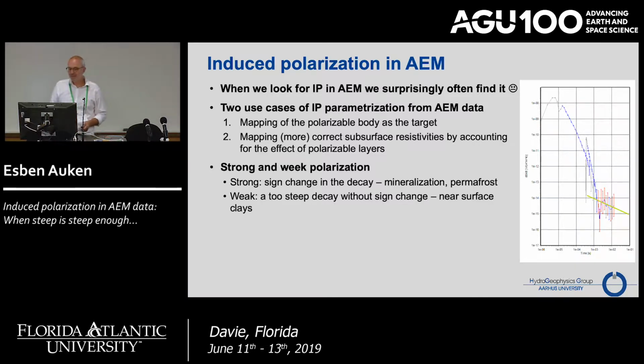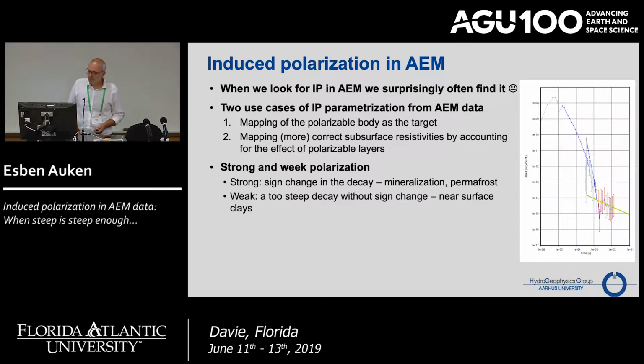And then there is the other case where we really just want to get rid of that effect, so we can see what the underlying resistivity structure is. And what I'm going to present here is more taking the second approach. We want to get rid of that effect so we can see what the real resistivity structure is.